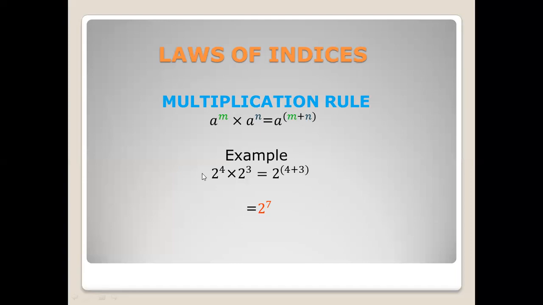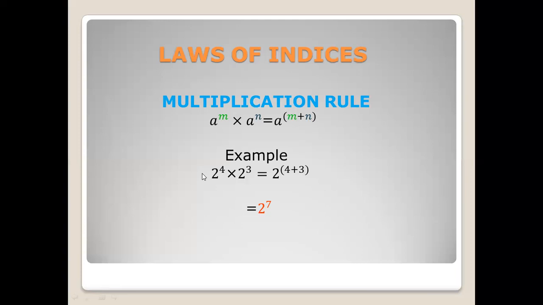Yes. There we can see we have a common base A, and a different power. Therefore, when you're multiplying such an index, you take the base and then you add the powers, m plus n. Example there, we are seeing 2 to the power of 4 is being multiplied with 2 to the power of 3. Therefore, we take our base 2 and we add the powers 4 plus 3.